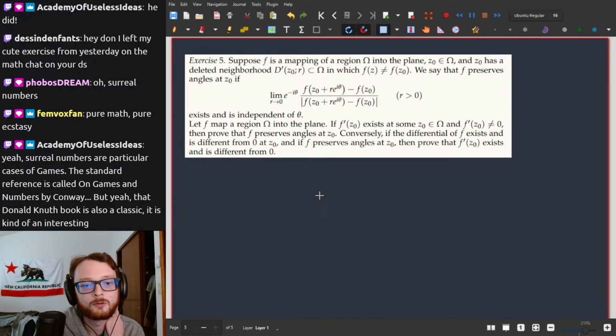Okay, so around z naught, the function is not constant. We say f preserves angles at z naught if the limit as r goes to 0, what the hell is this? E to the minus i theta. Okay. If this one exists and is independent of theta. What does this mean? The limit exists.